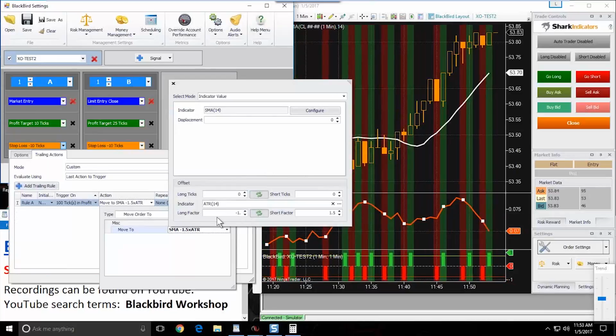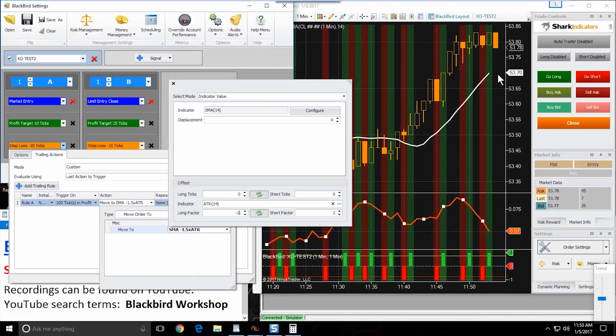So if I wanted to, I could do a -2 long factor. A -2 factor on the ATR would be 0.07 times 2, which is 0.14. So we take the value of the SMA 14 and subtract 0.14.